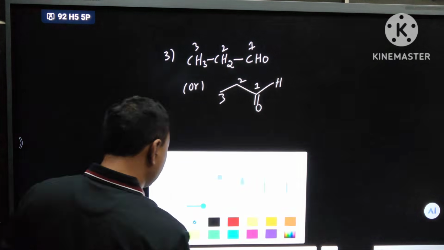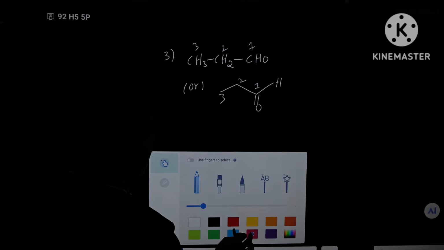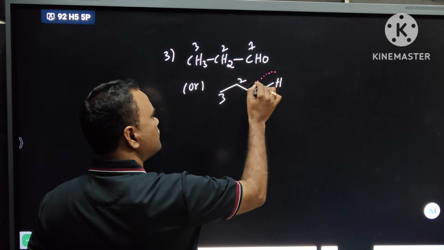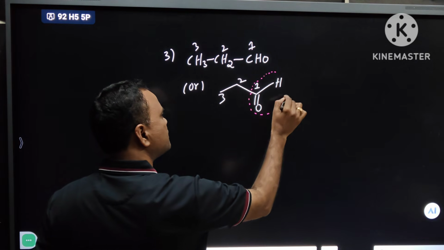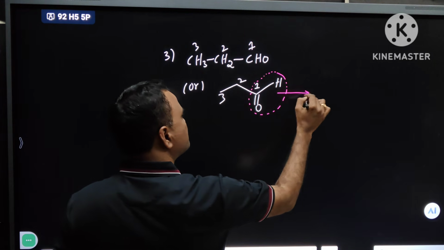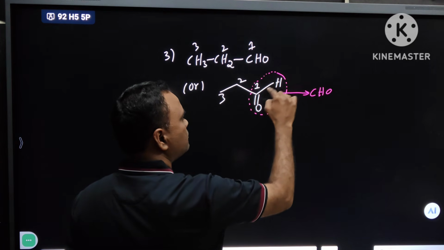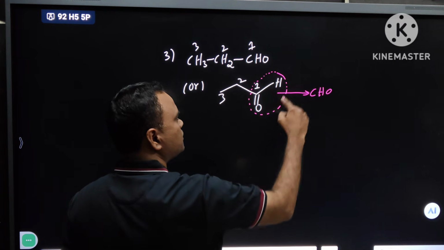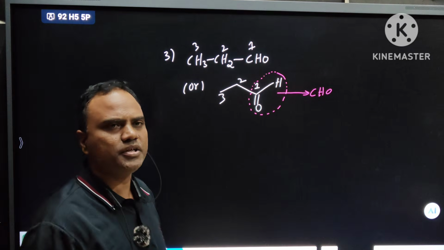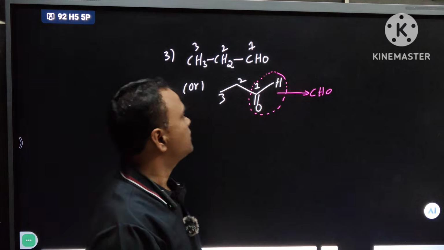So whenever you get at the terminal, at the end, C double bond OH, that represents aldehyde. You have to imagine aldehyde. Okay, right.